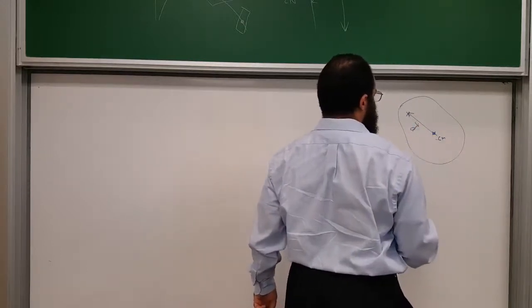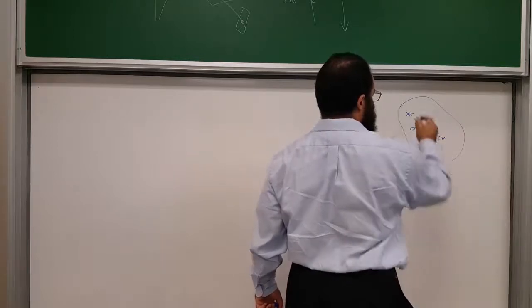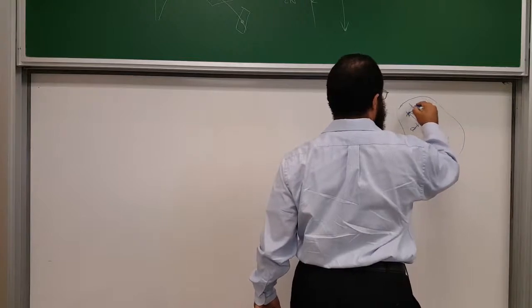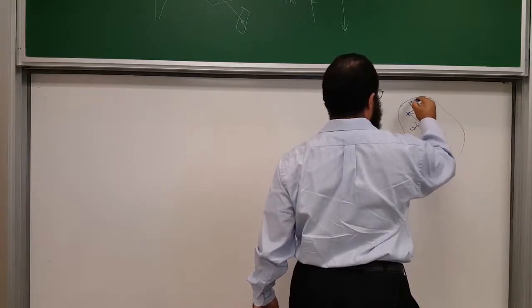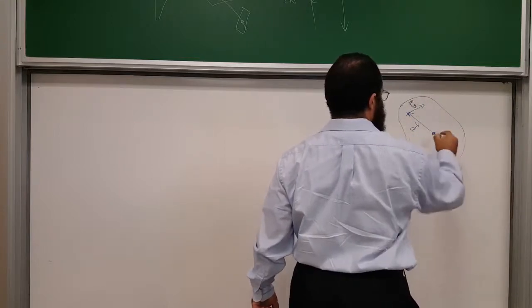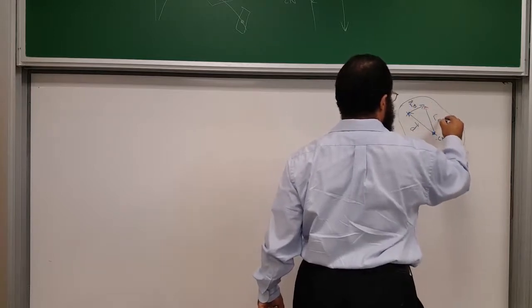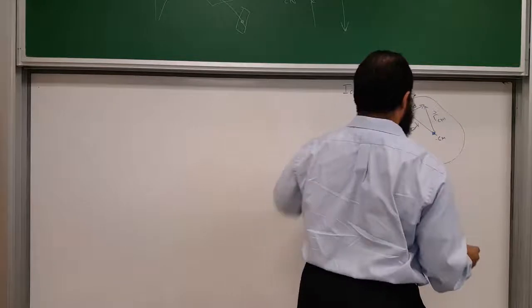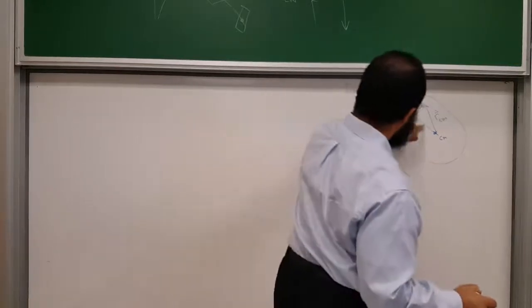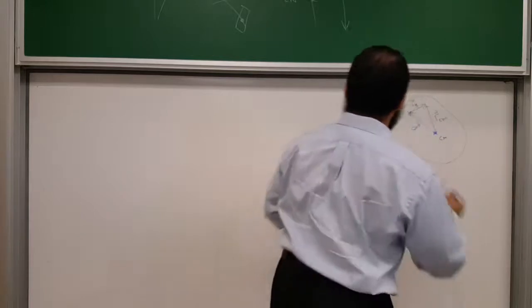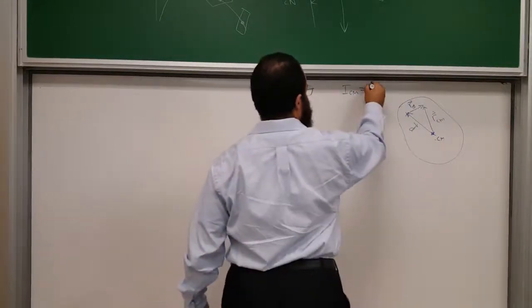To calculate the moment of inertia through this axis, I have to find the distances here. I'm going to call them R_D, from here. From the center of mass through here, so D plus R_D equals R center of mass.